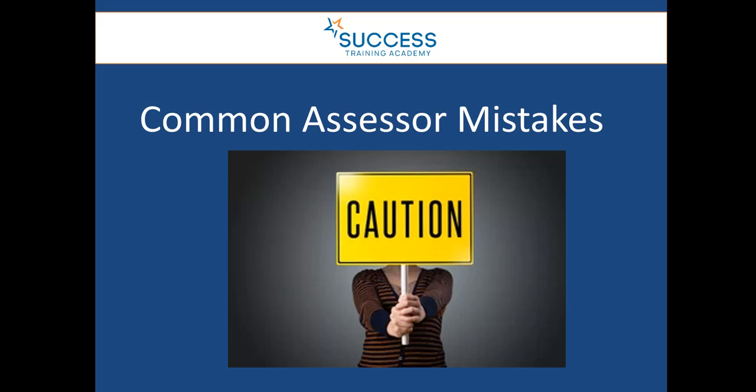If assessments are not being done properly, that is one huge area that is definitely looked at when an RTO is being audited. So we have to make sure we are assessing the right way and making as few mistakes as possible.